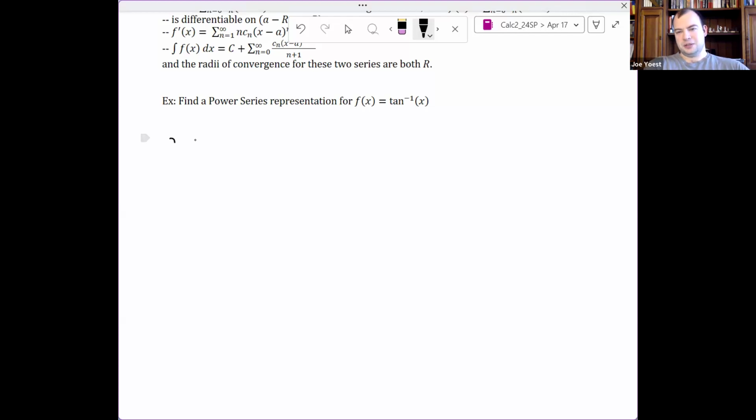Or in other words, f of x is the integral of 1 over 1 plus x squared dx. Or we could say that this is the integral of 1 over 1 minus a negative x squared dx.